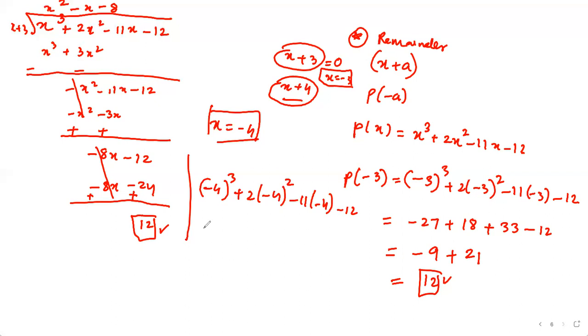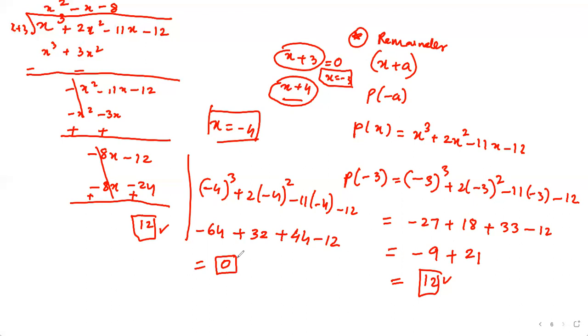So we get negative 64, and this is positive 16, times 2 is 32, plus negative 11 times negative 4, this is positive 44, and minus 12. And if you see that, this is nothing but 32 plus 32 minus 64. So that's coming as 0. Now, coming to this, my remainder is 0.